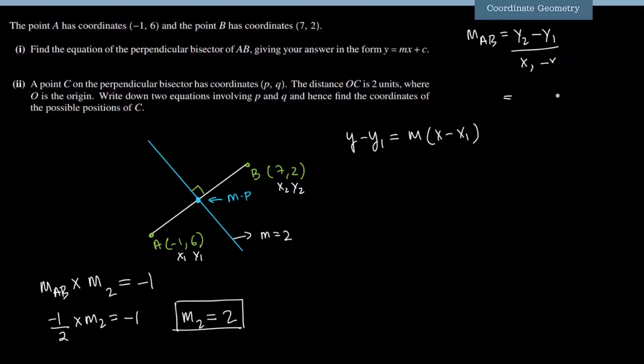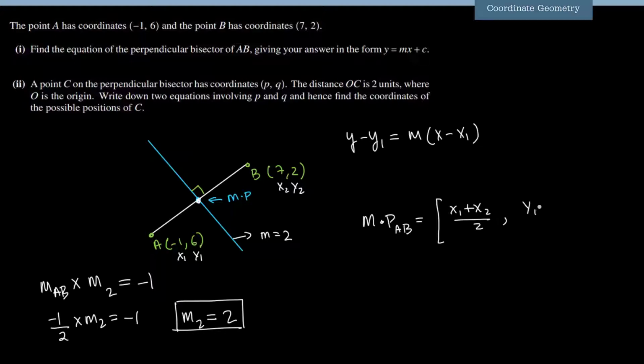Now let's find the point on the line. We know that this line passes through the midpoint. Let's calculate the midpoint of line AB. So midpoint of line AB would be equal to x1 plus x2 divided by 2, y1 plus y2 divided by 2. x1 is -1 and x2 is 7.